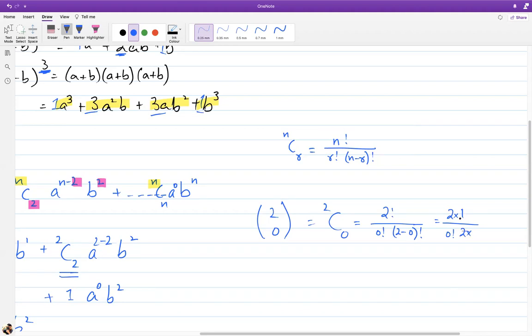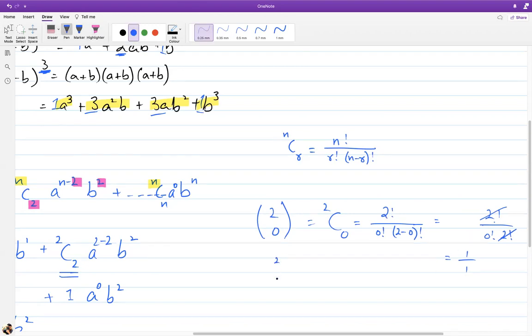So it is 2 factorial over 0 factorial into 2 factorial, and 2 factorial cancels with 2 factorial, you'll get 1 over 0 factorial. Why exactly is 0 factorial 1? That's also a very simple question that we can answer after the class, not really relevant as of now. Okay, so that's how you get it.